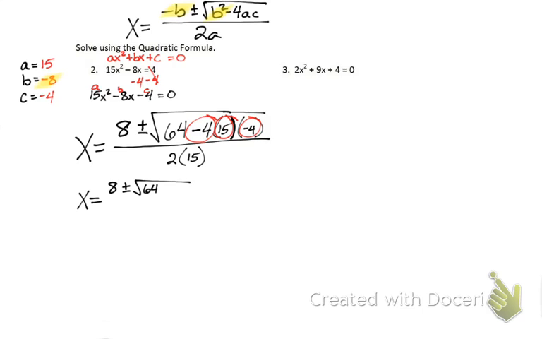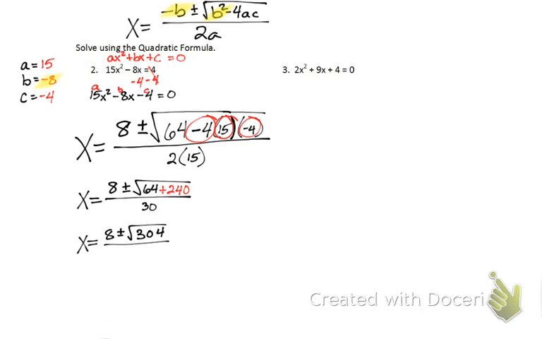Bottom line is you should be coming up with positive 240. And then this is all over 2 times 15, easy enough, 30. Next step, just add together what's underneath the radical.